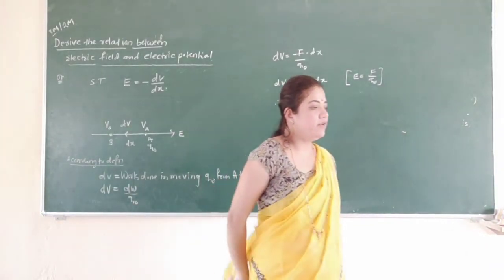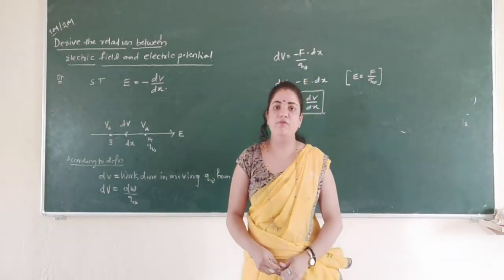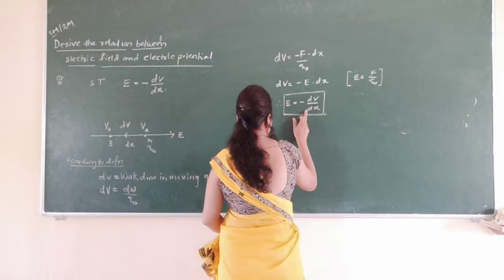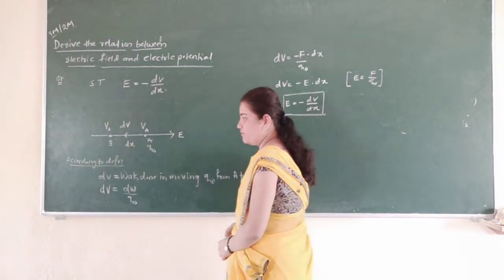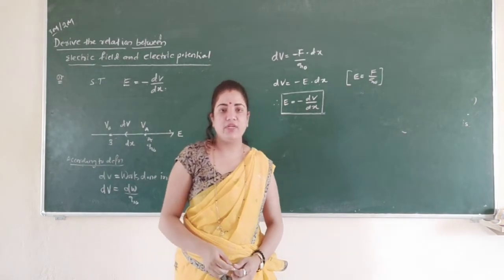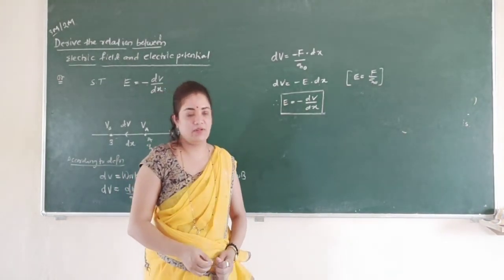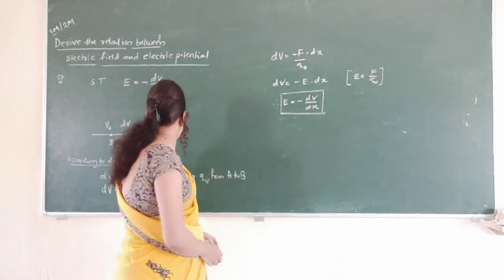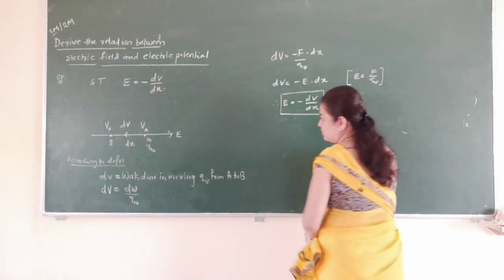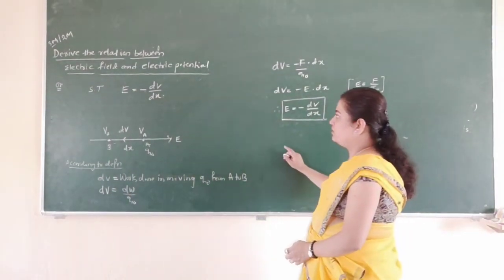So in another way we can define electric field: the negative potential gradient at a given point is called electric field. So this is an easy method to derive the relation between these two.